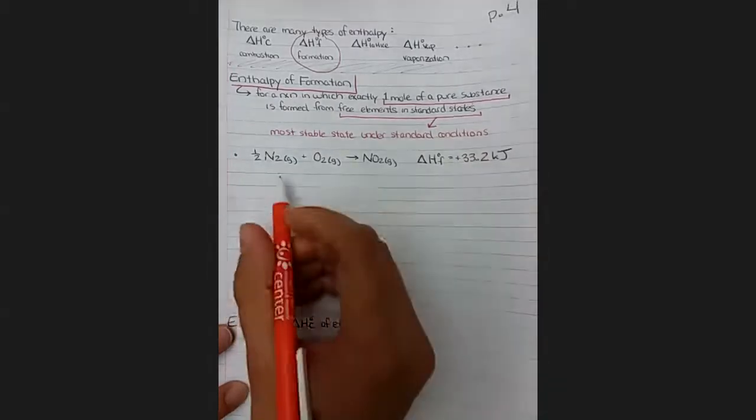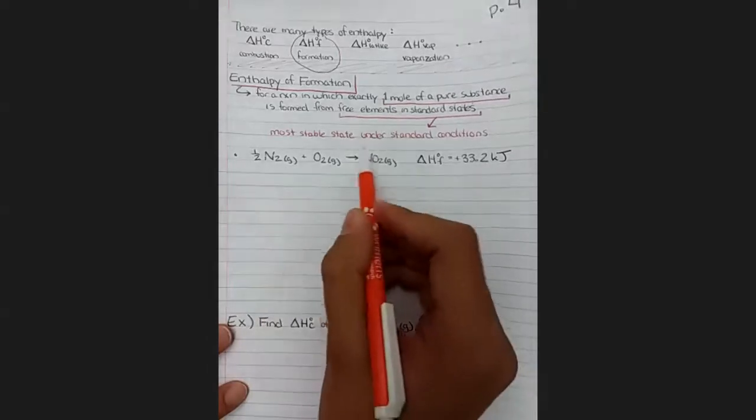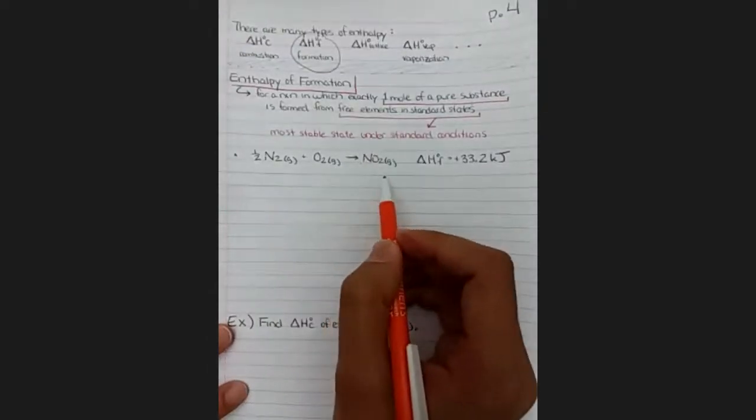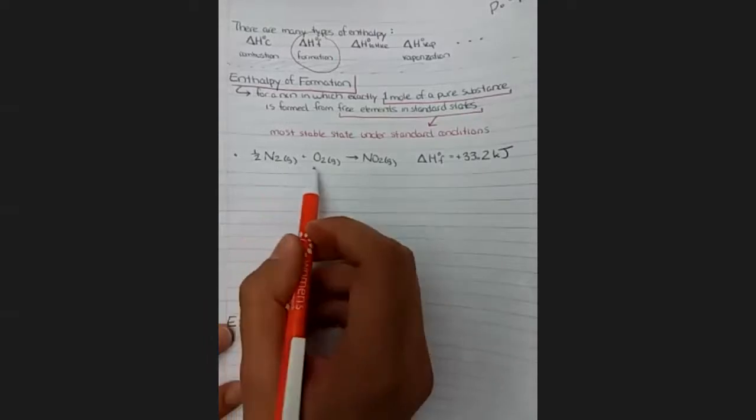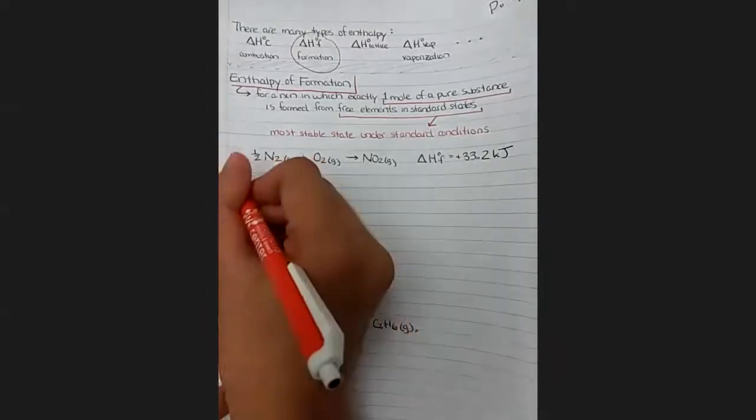So you can see here the standard state of each of these is a gas. You can see that there's only 1 mole of one product formed here, and that each of the reactants only contains 1 element in each compound.